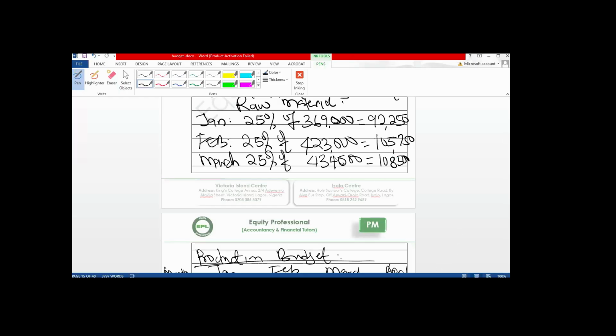That is your closing stock. Look at the figure here.